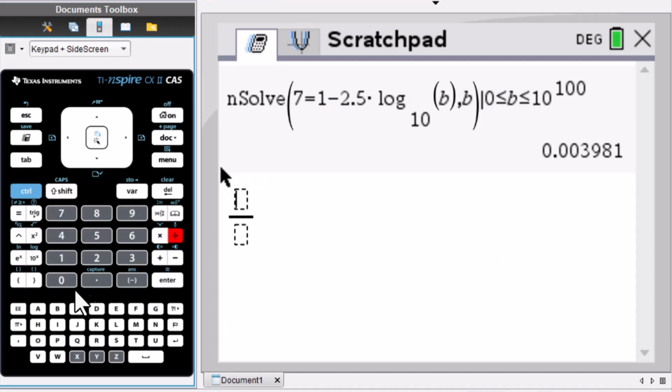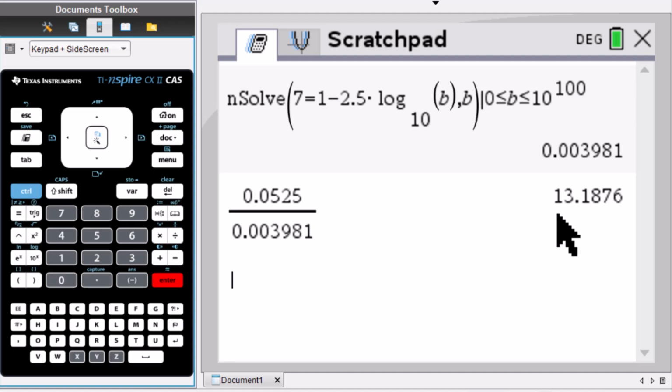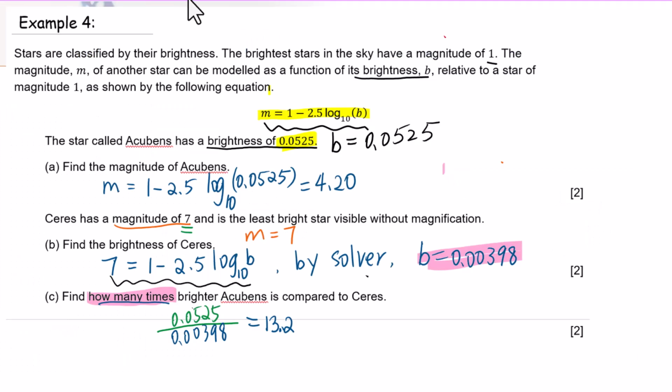Control divide 0.0525 over. Try to put an accurate answer. We will do 0.003981 from the previous calculation. Enter. 13.2 as 3 sig figs. Answer is 13.2.